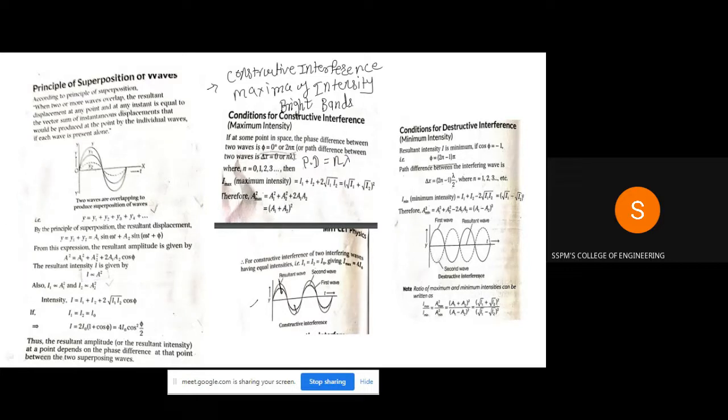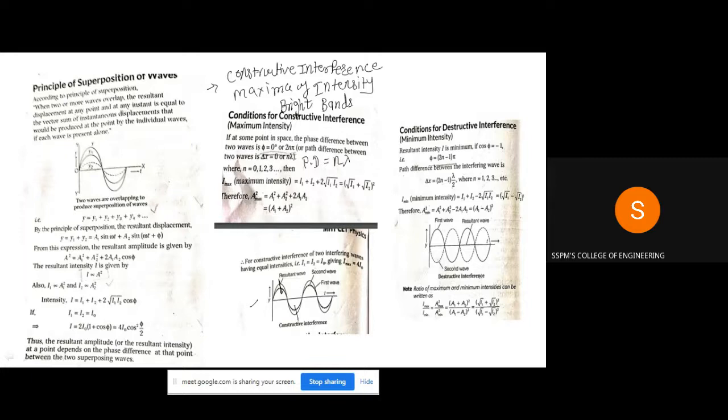If the crest of one wave superimposes on the crest of another wave, we get maximum of intensity. If the trough of one wave is superimposed on the crest of another wave, we get the condition for destructive interference. So ultimately, we can get maxima of intensity and minima of intensity.